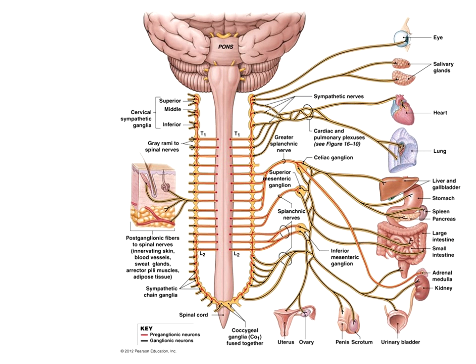So this is a slide that shows you, again, we're looking at T1 to L2. So right away, that's going to tell you that we are dealing with the sympathetic system, okay? And in red, down here in red, these are all the preganglionic fibers. So these are the first neurons of the sympathetic chain.